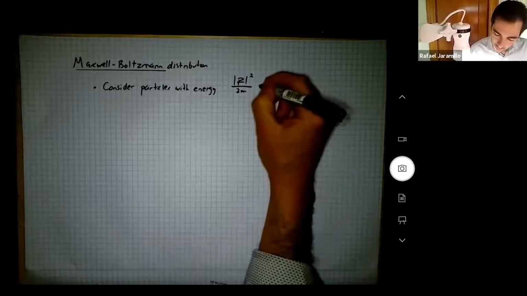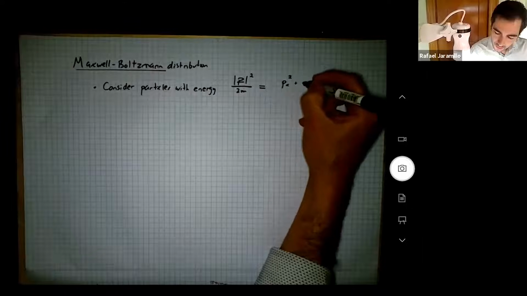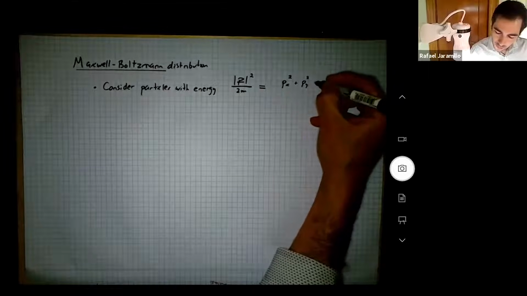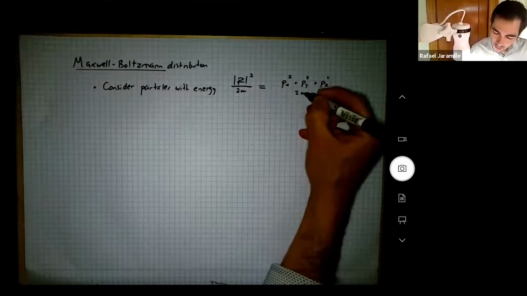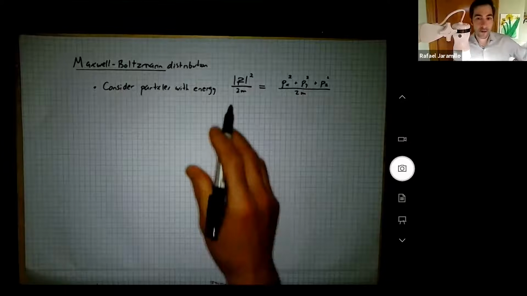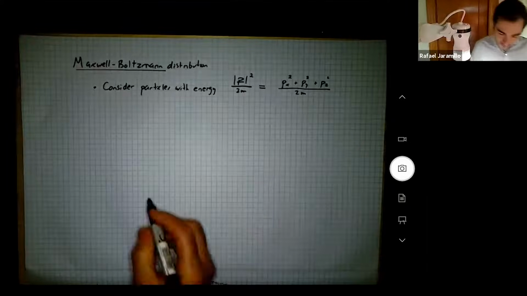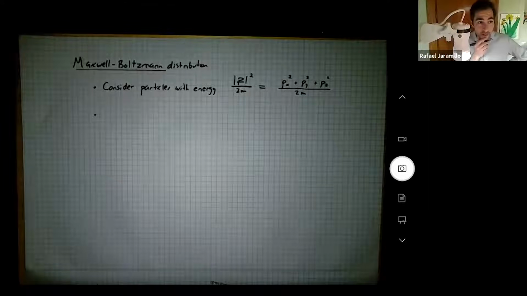And we're in 3 space, so this is px squared plus py squared plus pz squared divided by 2m. So that's the energy per particle in state of momentum p. Okay, so what we want to do is figure out the distribution of particles as a function of energy.